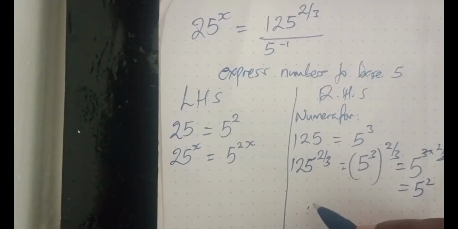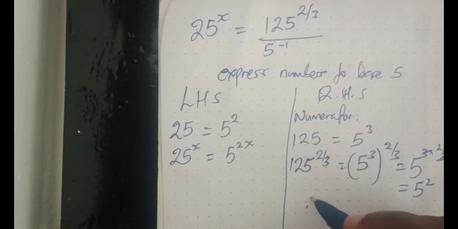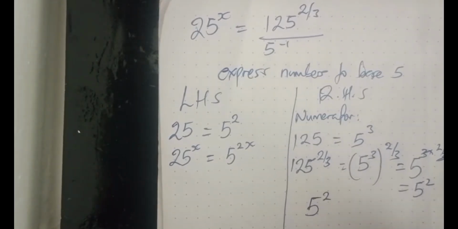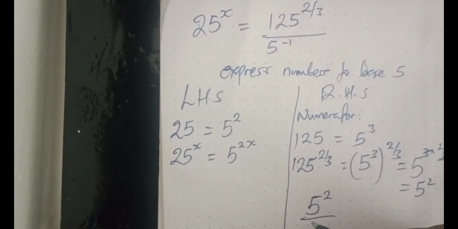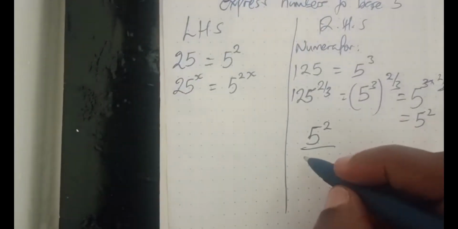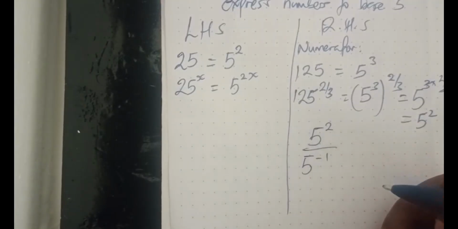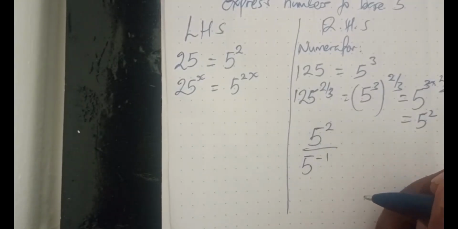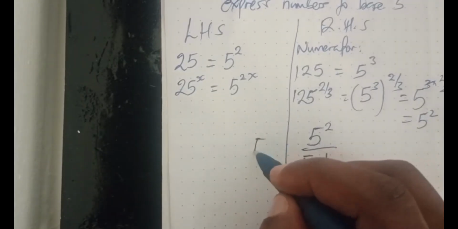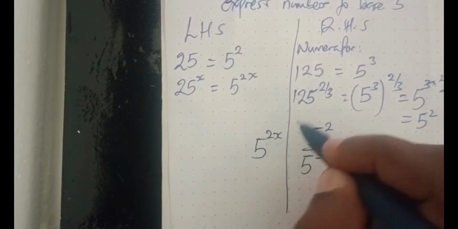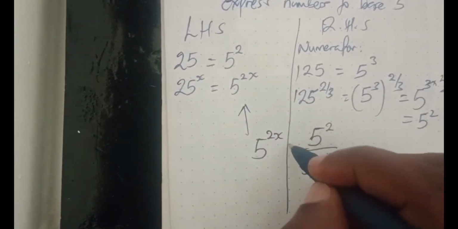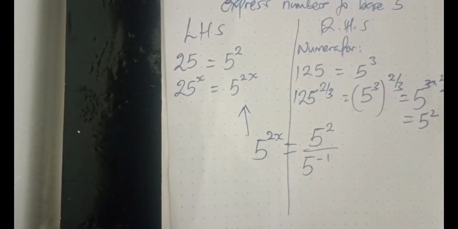Therefore, our right hand side has the numerator as 5 squared and the denominator as 5 to power -1. Our equation is currently 5 to power 2x, this one here, is equals to 5 squared divided by 5 to power -1.